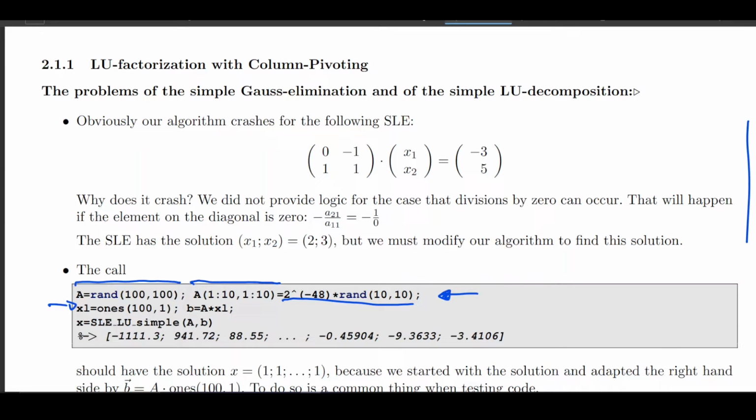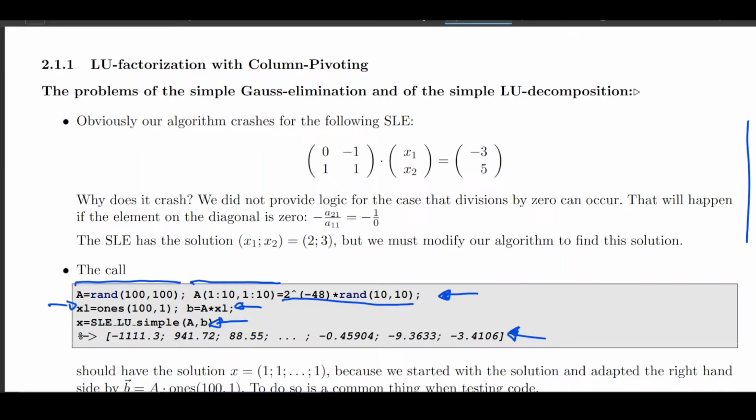So now we say if xl is the solution vector, then we calculate the right-hand side belonging to that solution vector, and then we call our LU simple algorithm, and this algorithm will not crash because we have no zeros, but the results which were produced were that.